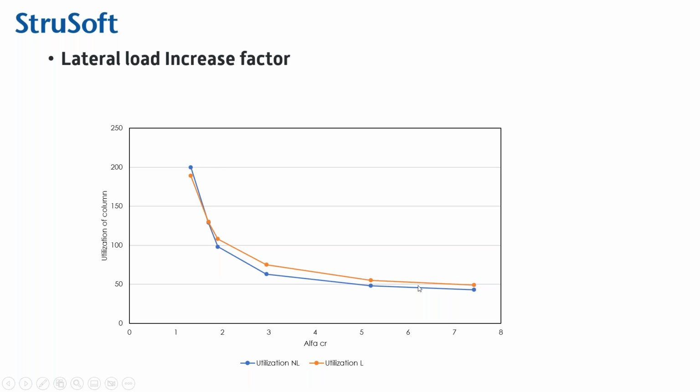Usually the nonlinear gives you more beneficial results if the slenderness is low, and if the slenderness is high, the nonlinear eventually will give you higher utilization. And that's why Eurocode has put this limit of 3, that below 3 you should always use nonlinear to calculate your frames.